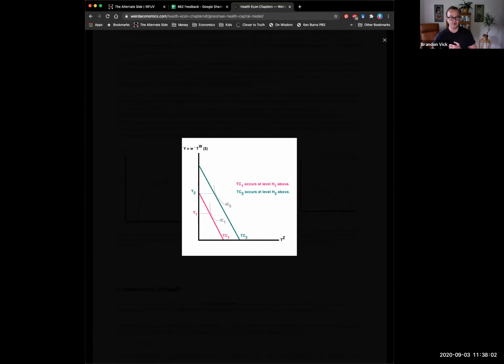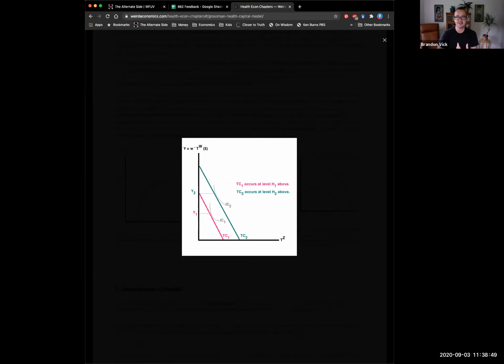Our income is not changing here. So we're not shifting a PPF, or we're not shifting our income graph here. A change in price does not affect this. Income is based on our wages and our time to work, but this is our time trade-off. So the price of a health good going down does not affect us there.